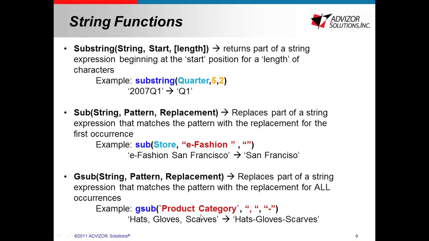Again, you put the field that you're replacing and what you're looking for. In this case, I'm looking for a comma and a space, and I want to replace it with just a dash. Now the gsub function finds this pattern that occurs everywhere in the string. There's one right here and one right here, so you can see that 2 replacements were made.